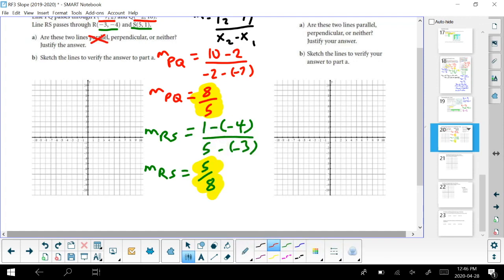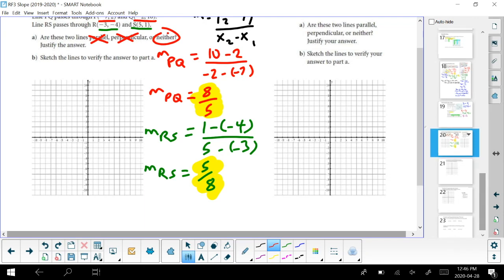Are they perpendicular? Well, we know that perpendicular lines have slopes that are negative reciprocals of each other. 8 over 5 and 5 over 8 are not negative reciprocals, so they can't be perpendicular. So in this case, they happen to be neither.